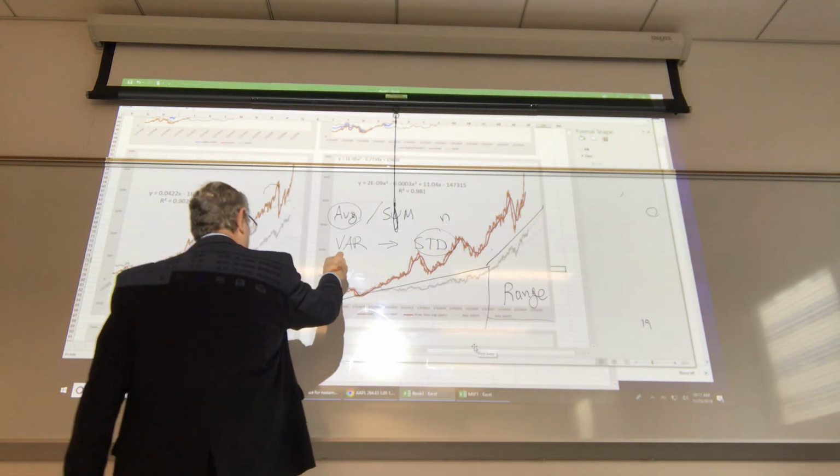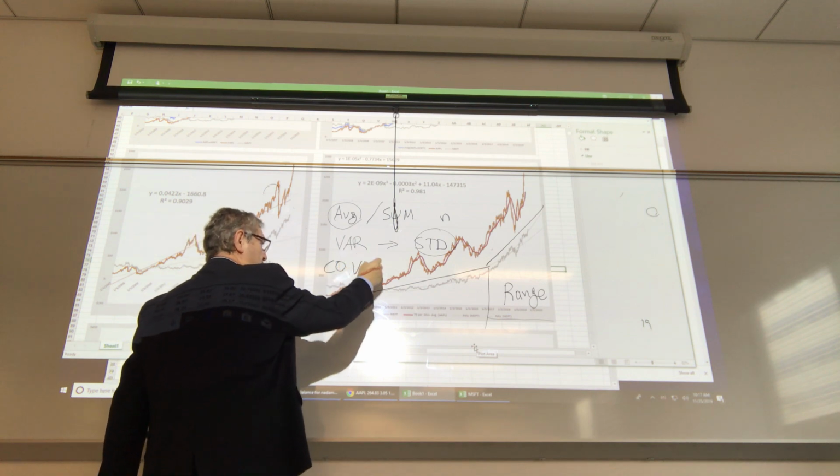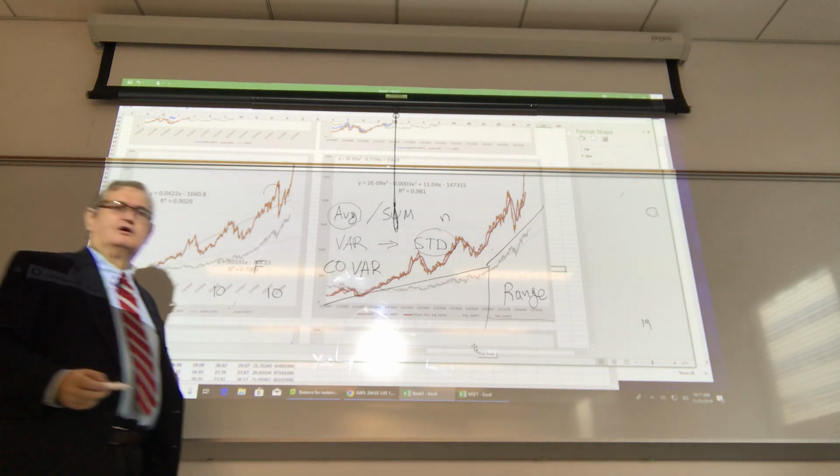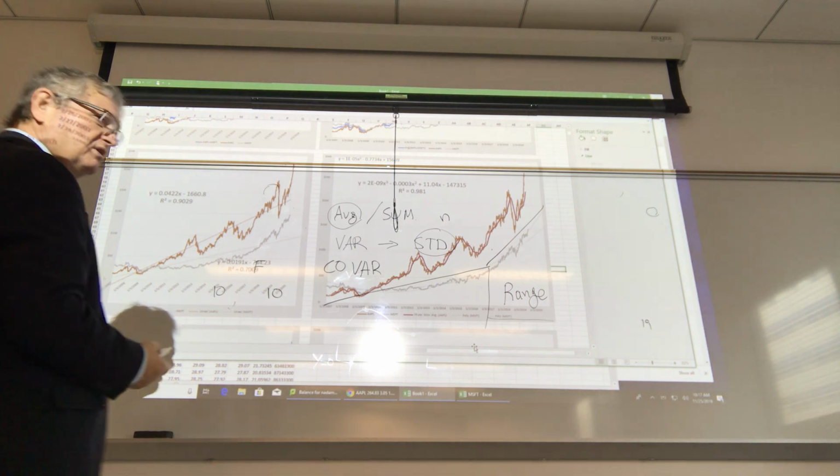I see how both of them co-vary, and I get the concept of covariance. I see how both of them change at the same time, and how they are related.